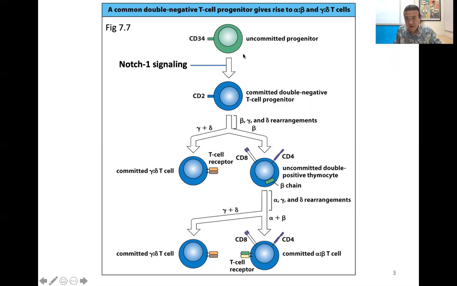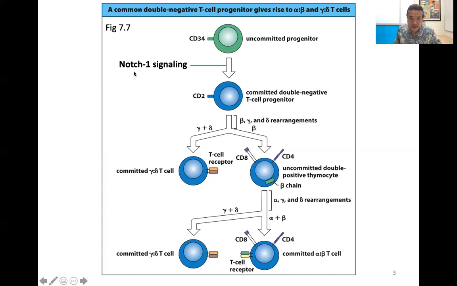Remember, this green precursor cell was released by your bone marrow. It's an uncommitted progenitor cell. It doesn't know what it wants to be. Maybe it wants to be a natural killer cell, whatever, but it so happens it made its way into the thymus. So the thymic epithelial cells that began interacting with it encouraged it to consider becoming a thymocyte on its way to becoming a T cell.